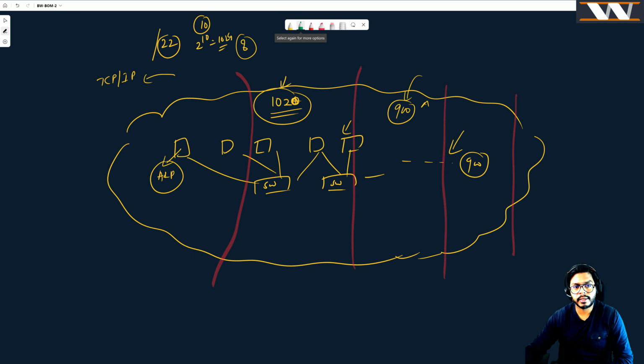Interestingly, if you are aware of the concept, what we are doing here is limiting the scope of the ARP domain. If somebody in this network is generating an ARP message, it should reside in this network.